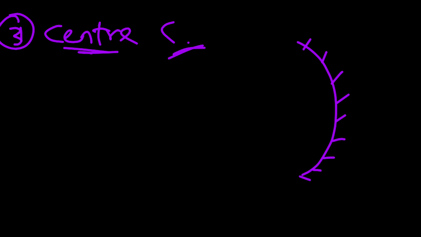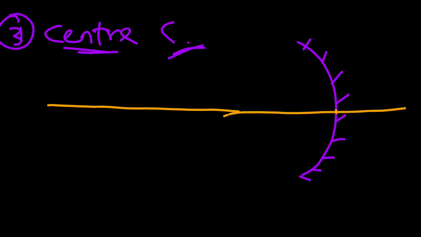Okay, and let's draw an imaginary line. That line is called principal axis. Midpoint will consider as P for pole, F for focus, and C for center of curvature. Now the object is situated exactly at C.